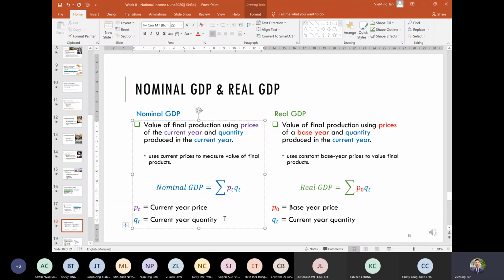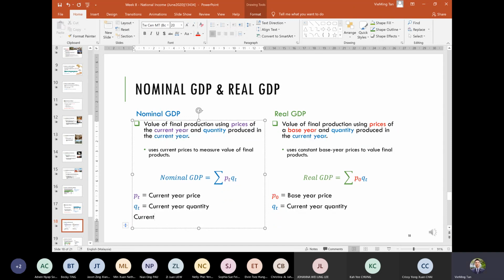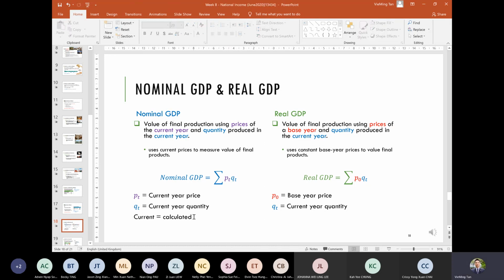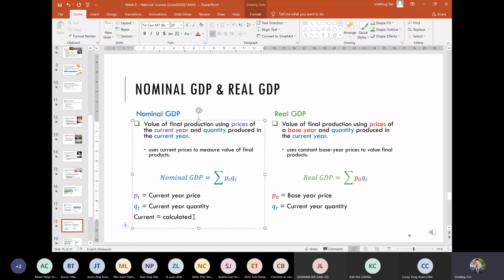Current means calculated, the recent one. Usually it's the latest year, yeah? Latest year, calculated year.